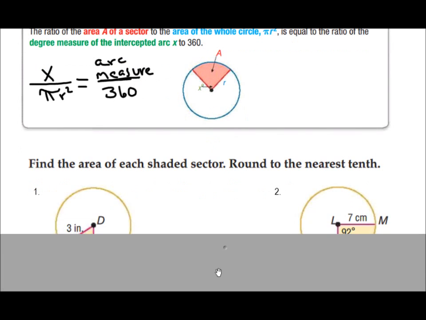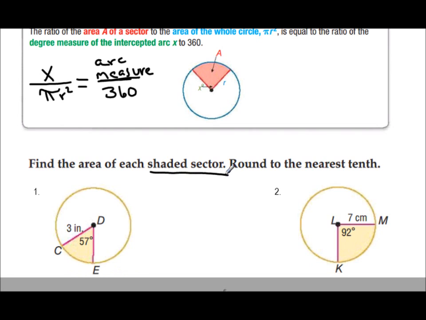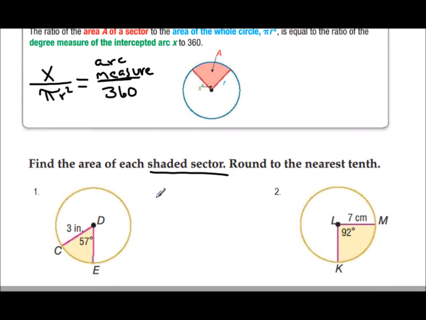Okay, so we're going to try number 1 together. If we're looking for a shaded sector, we want to set up the proportion. The sector over area of a circle equals the arc measure of that sector over 360, which is the total measure of all the angles in a circle centered around a point. So x is what we're looking for. In this case, the radius is 3.